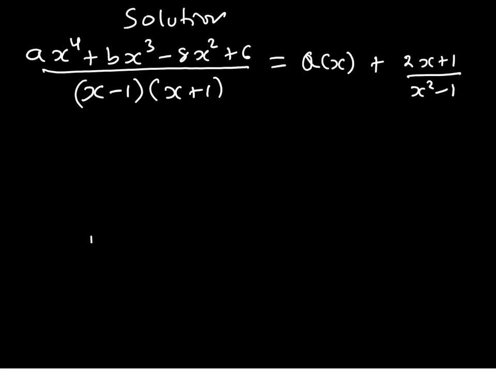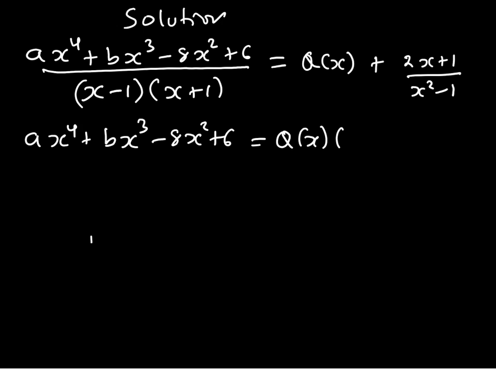And I further write ax to the power 4 plus bx cubed minus 8x squared plus 6 as q of x into x minus 1 into x plus 1, plus 2x plus 1. That's multiplying through by the divisor everywhere.